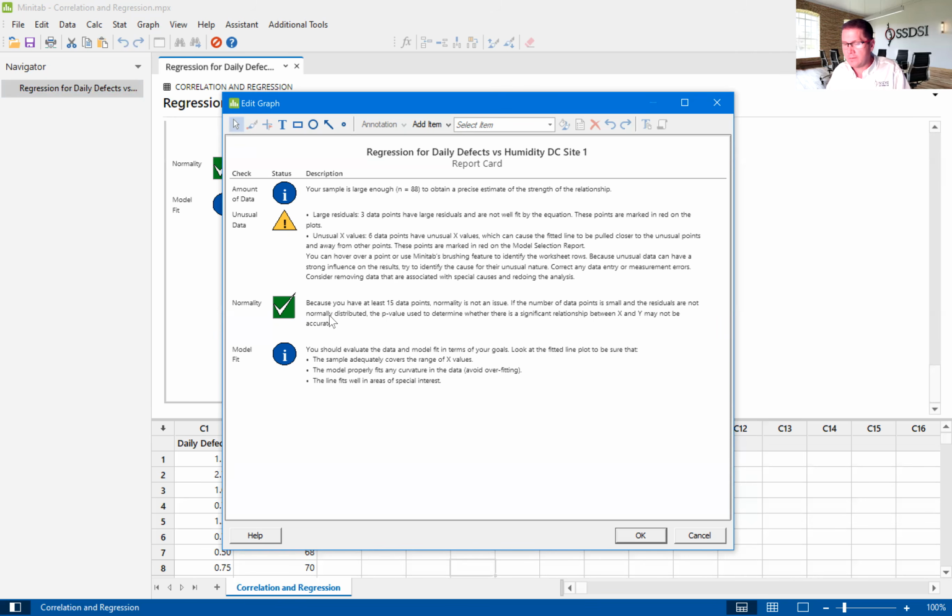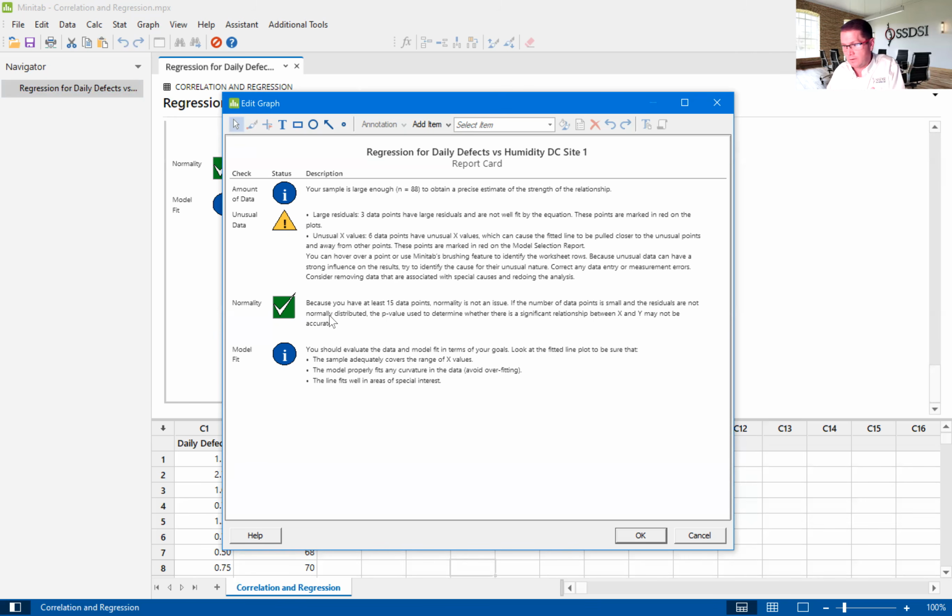You could be doing a project on 3 shifts of a manufacturing plant, but if you only take data on the first shift, then you have skewed your data and biased the outcome. So Minitab doesn't know that.